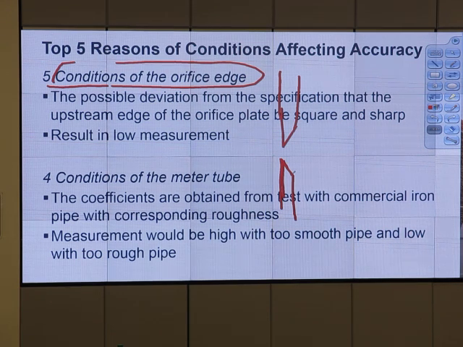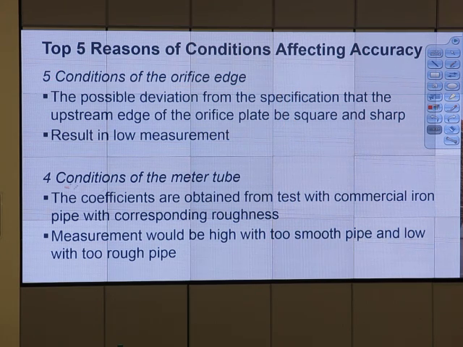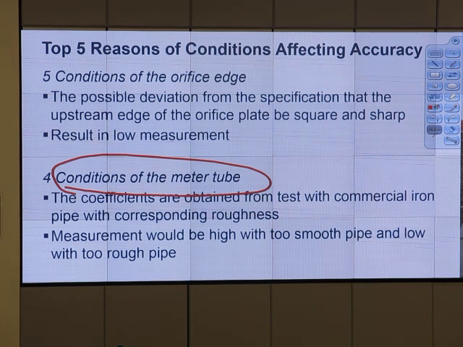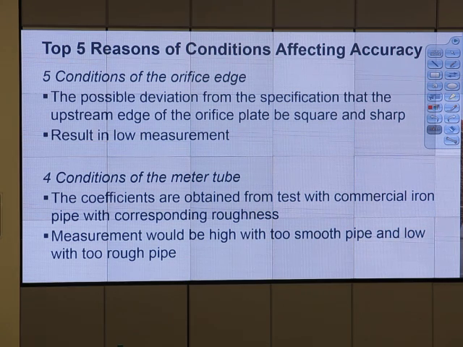That impacts the accuracy. Next, the condition of the meter tube. The coefficients are obtained with tests on commercial iron pipe with corresponding roughness. Measurement would be high with too smooth a pipe and low with too rough a pipe.